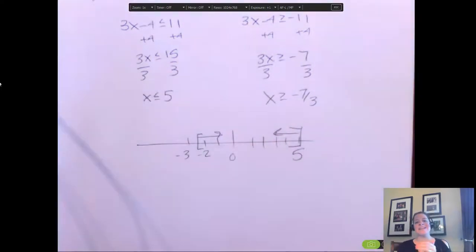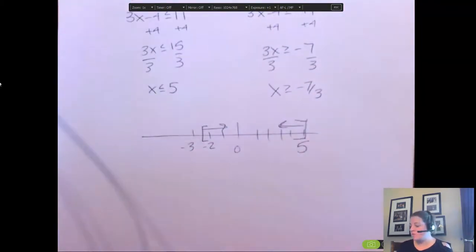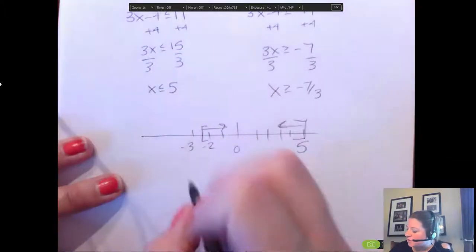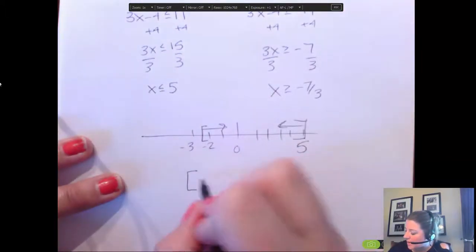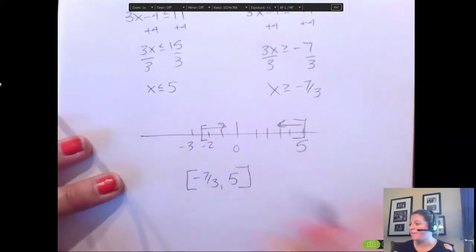So you can see the "and" situation because they go at each other. Even if you don't quite get when to combine them and make them compound, you can still solve them. But if you start with less than, it's an "and." So our solution goes from negative 7/3 to 5, and you include both endpoints.